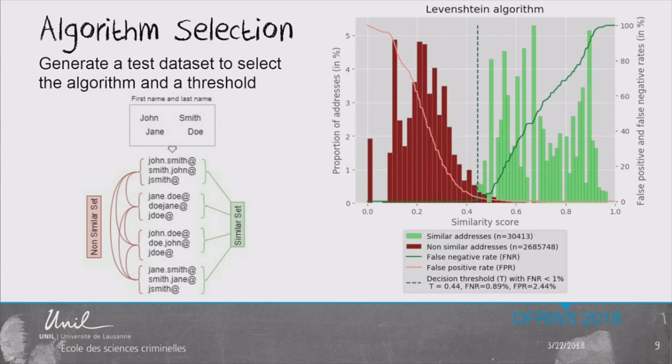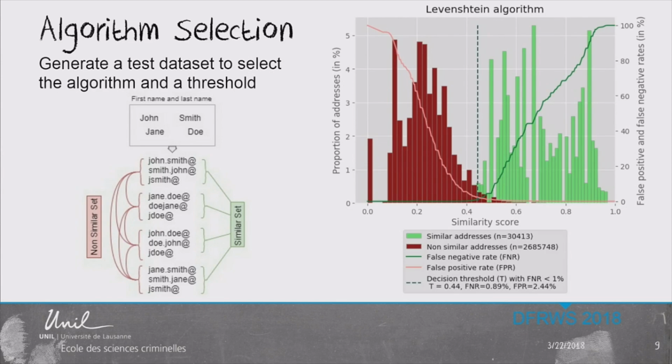So we created a test data set with names, and from those names we generated some email addresses. And then we computed string similarity between email addresses generated from the same name that constituted the similar set, and the similarity between email addresses taken from two different names, and that constituted the non-similar set. We tried multiple algorithms, and the best one was the Levenshtein algorithm. That's an edit distance.